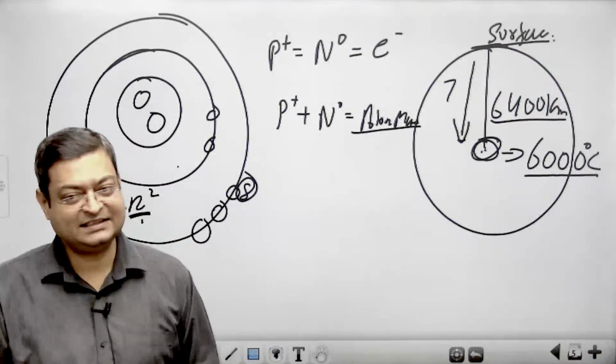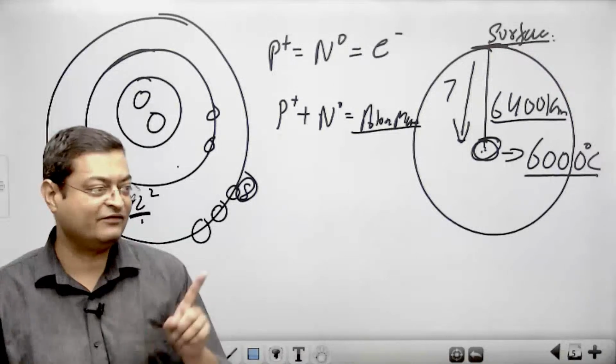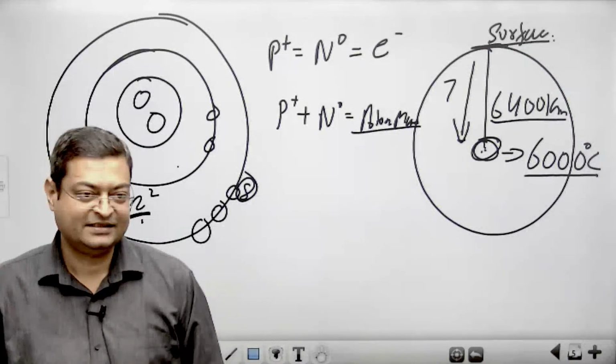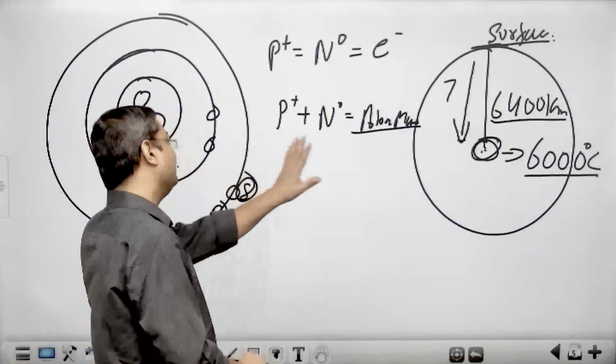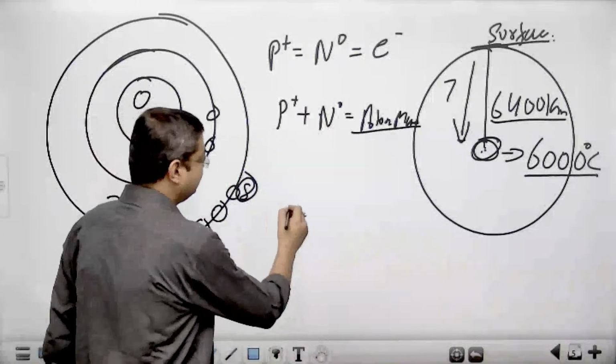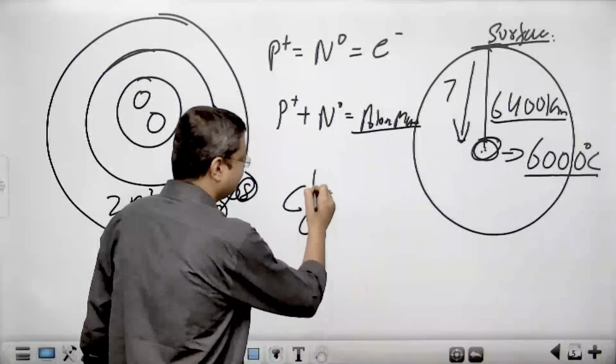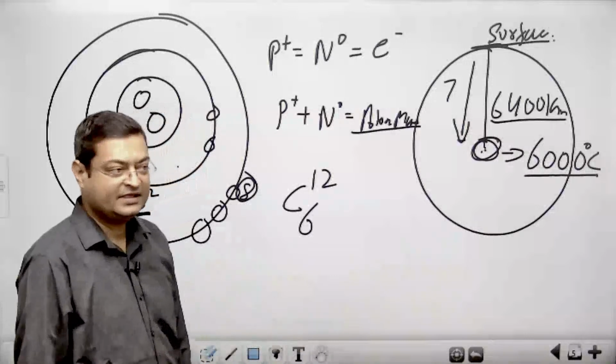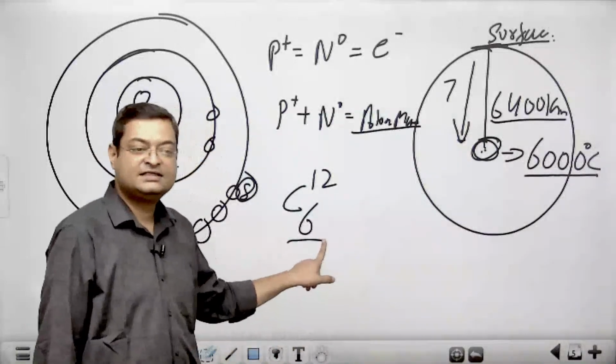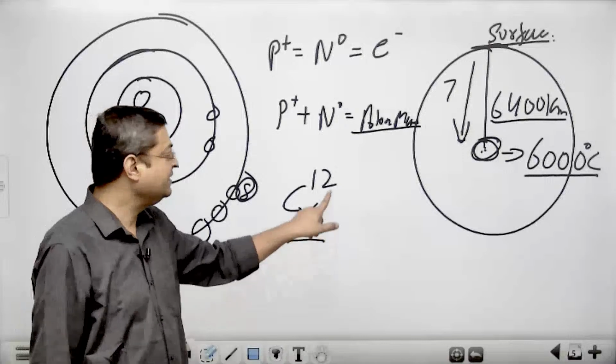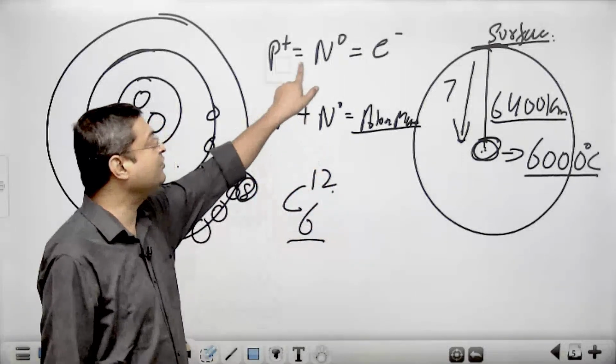That means in the third shell, it is going to have one electron only. Okay? Now, if I say C-6-12, it means it is going to have 6 electrons. It is having 6 protons and 6 neutrons.